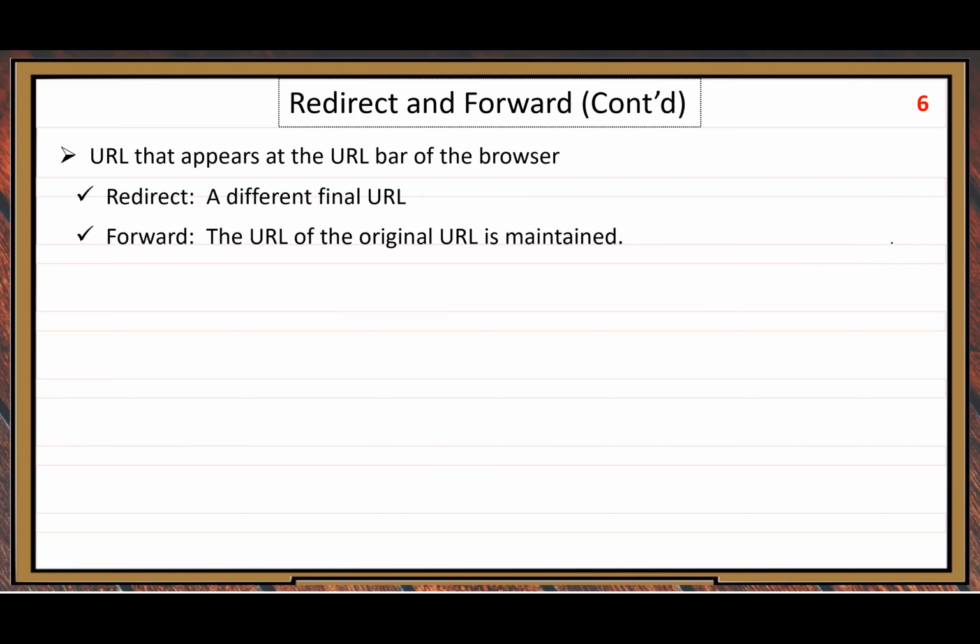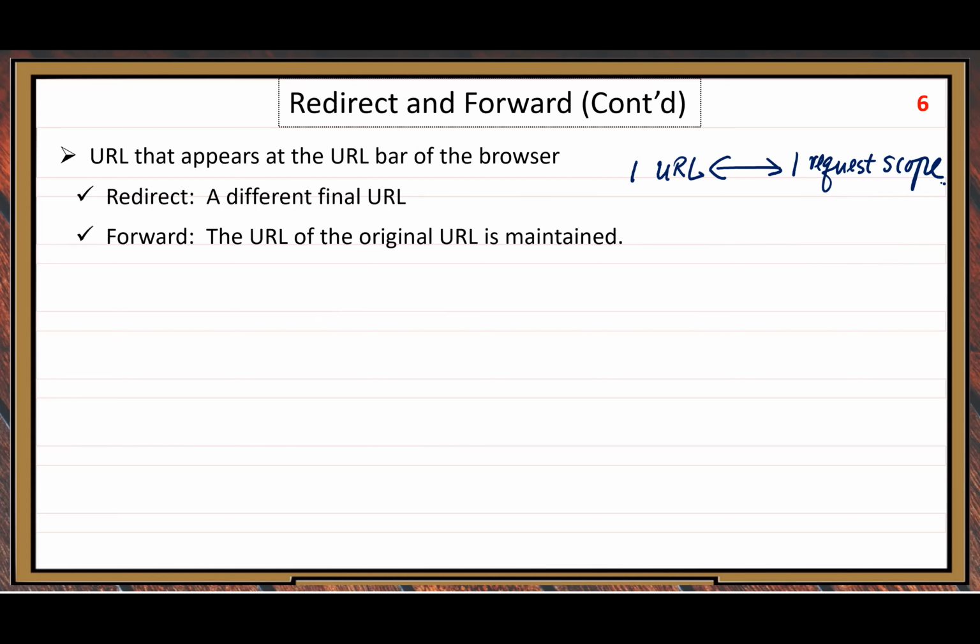So here you can see the relationship. One URL corresponds to one request scope. If you do not change the request scope, you do not change the URL.